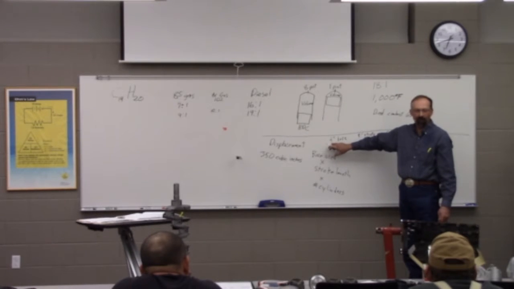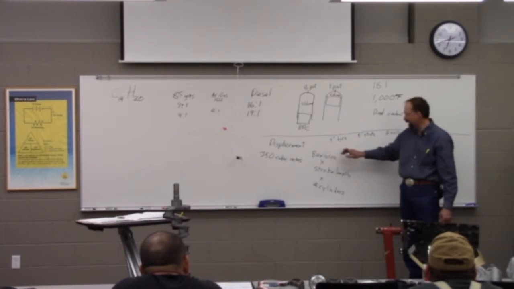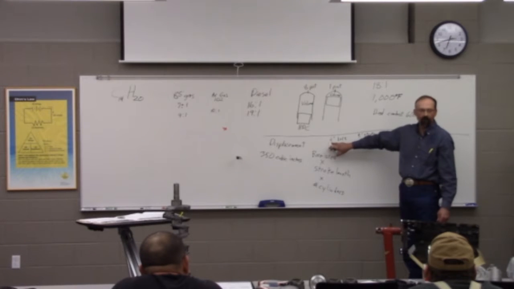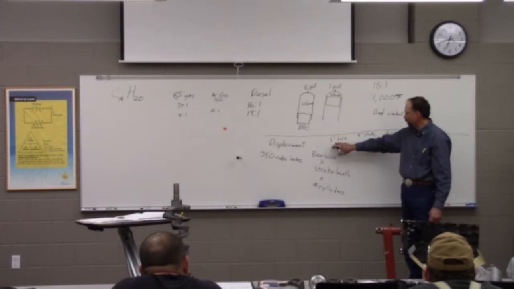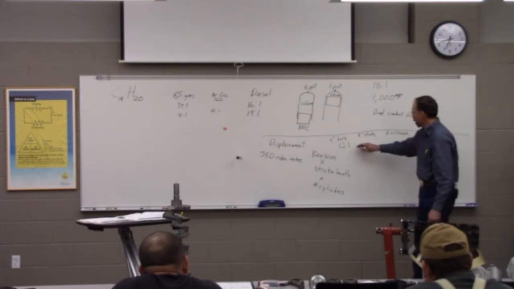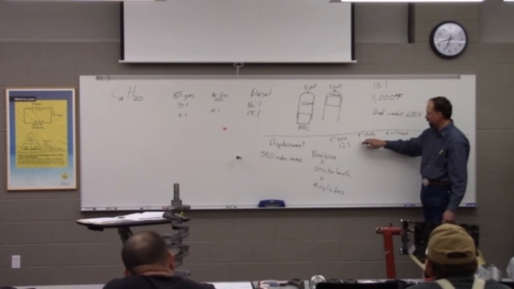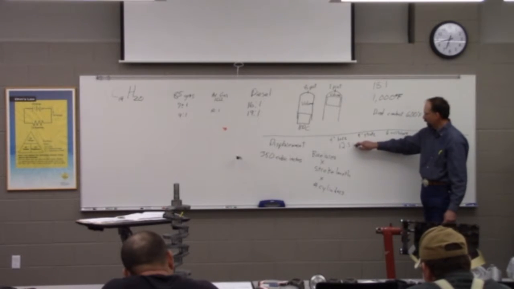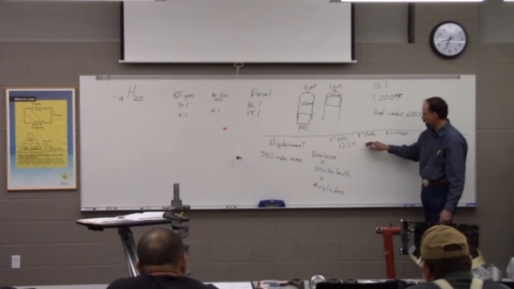Well, we'll round that off. 4 times, what's pi, Caleb? Yeah. So we're going to be rough and dirty with the numbers, and we're going to say that pi r squared is going to wind up being somewhere around 12.5. We're going to take that times our 5-inch stroke. So our 5-inch stroke times that gets us to around 62.5.